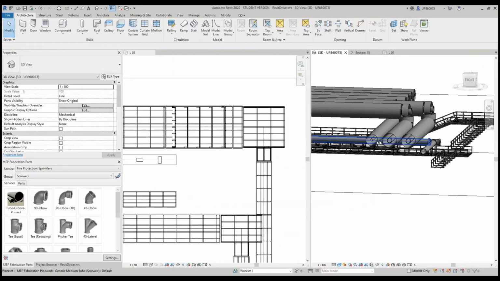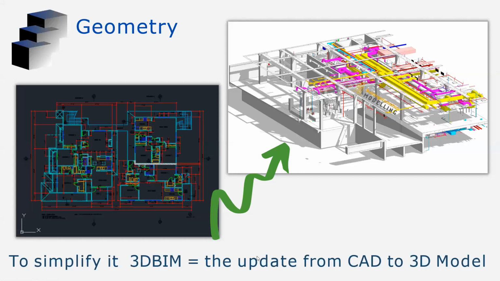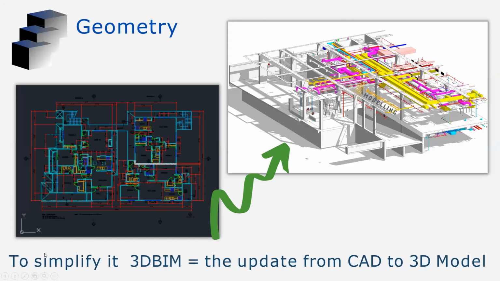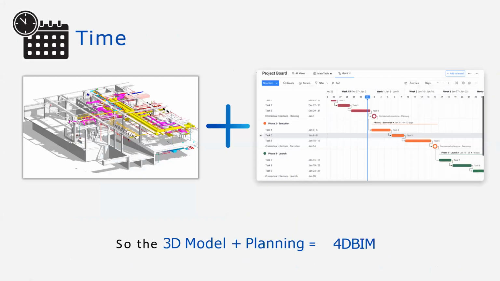So here we have BIM for the AEC industry, that is architect, structure and contractor. Right, Karim? Yes. Here you are seeing that first we have the 3D model. After making the 3D model, we will go for the 4D, that is time.